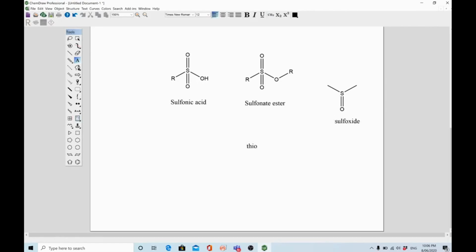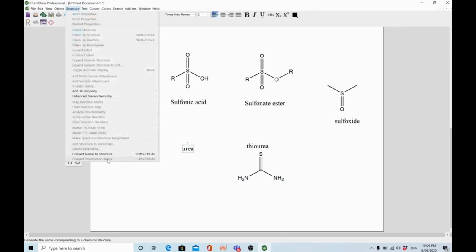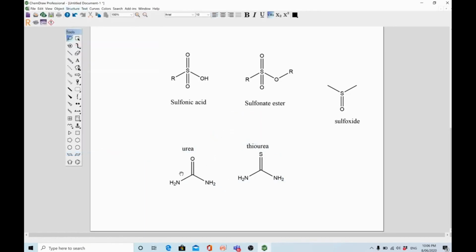There is also thiourea. If I can pull out that structure. Yep, this is thiourea and urea as well. This is urea and this is thiourea.